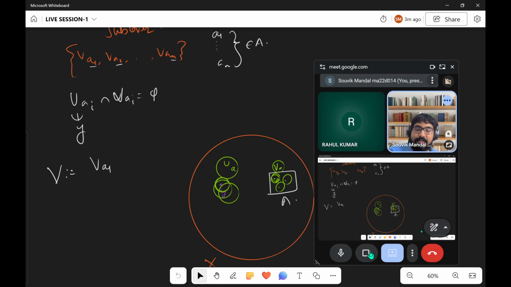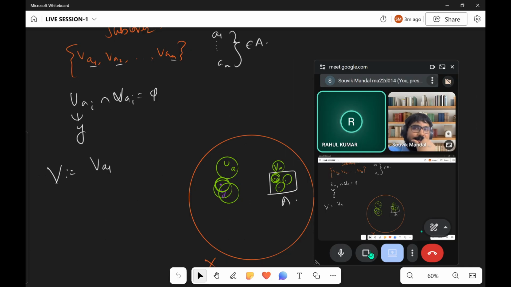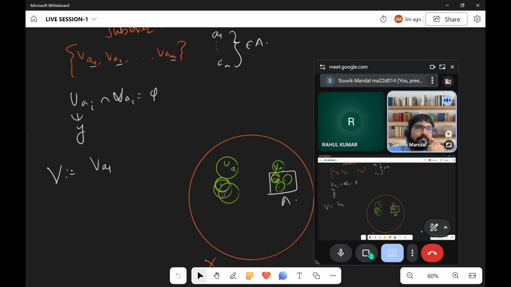That's what we need to show: how you are considering an open set that lies outside. I'm not understanding the point. We need to create, as X is Hausdorff, an open neighborhood distinct from the UAI containing Y and VAI containing each point of little a.